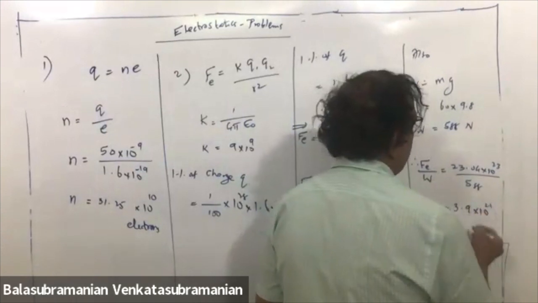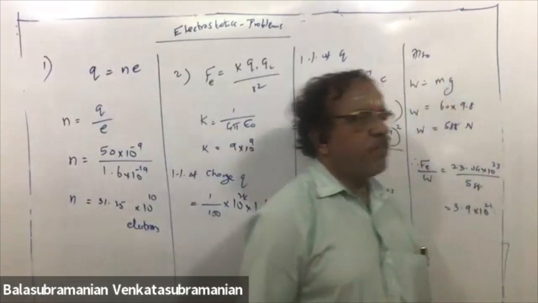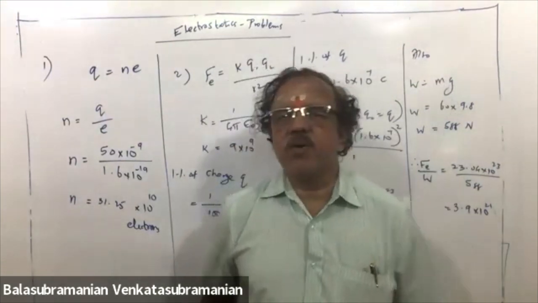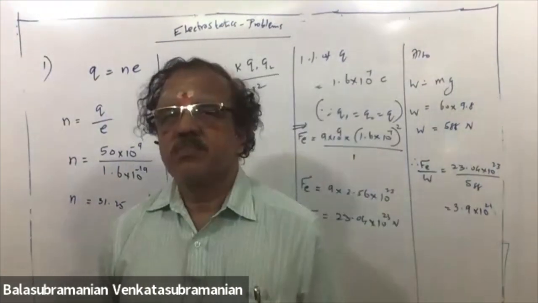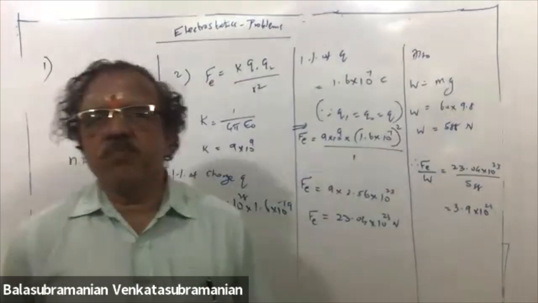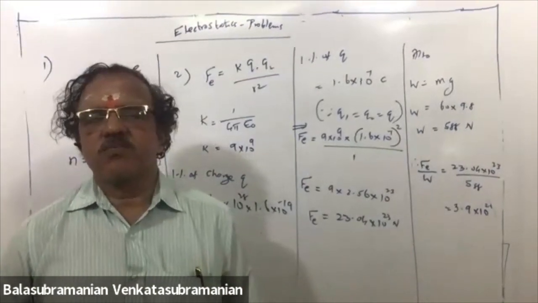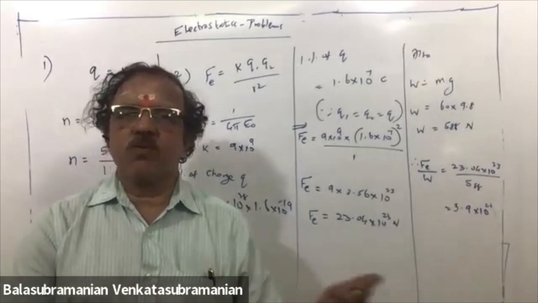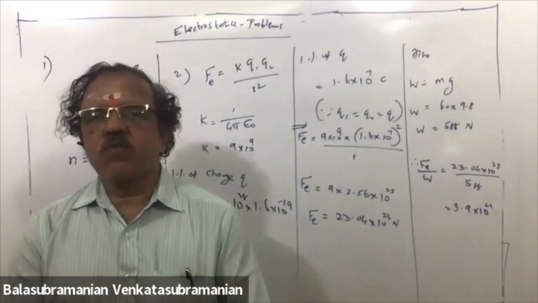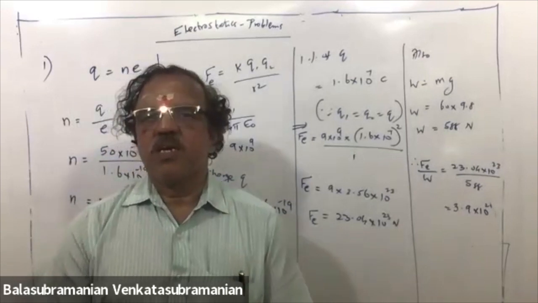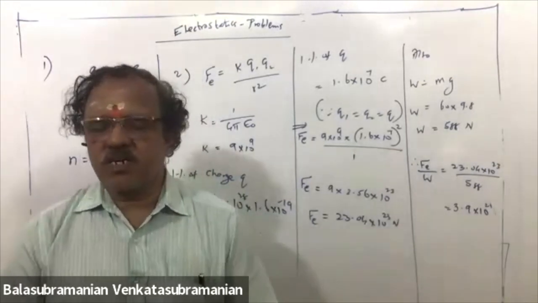When you simplify, you are getting 3.9 into 10 power 21. Okay, this is the second problem based on Coulomb's inverse square law of electrostatics. Then you have to compare the Coulomb's force with its own weight. Fe by W we have to calculate.